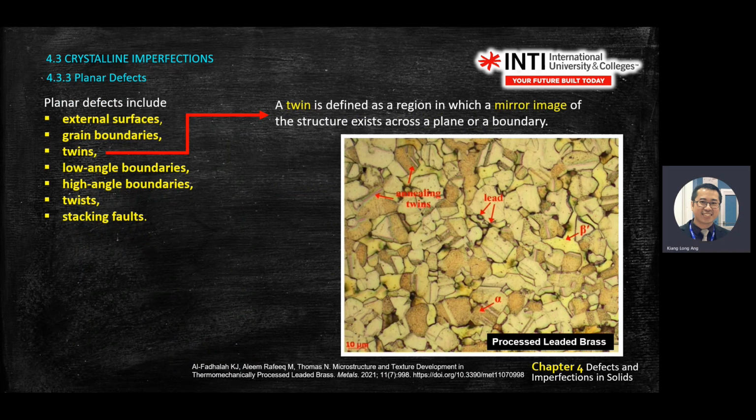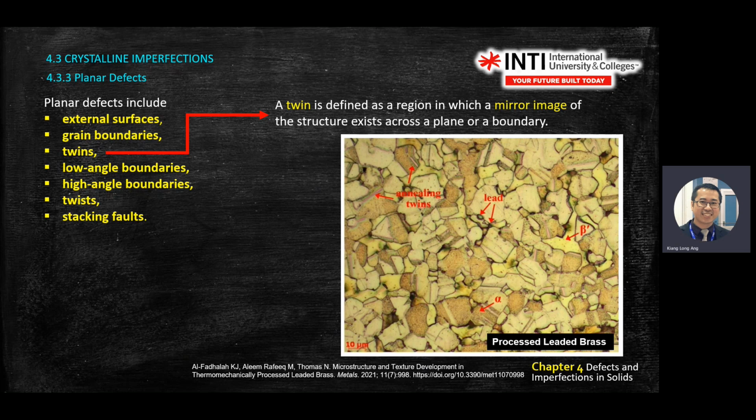What about twins? This one you will see in your lab experiment. So a twin is a mirror image of the structure across the plane of the boundary. As you can see here, you will see something like a runway from the top.